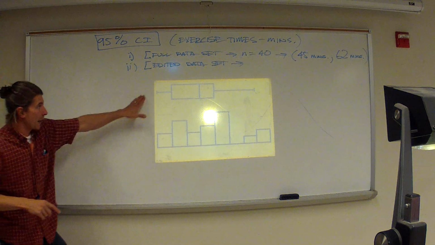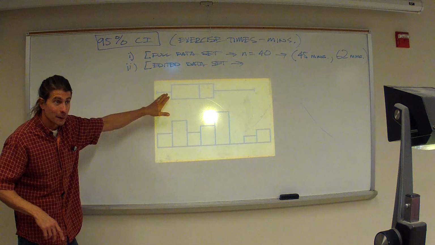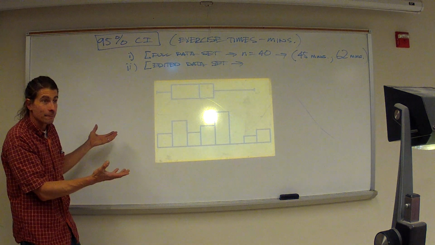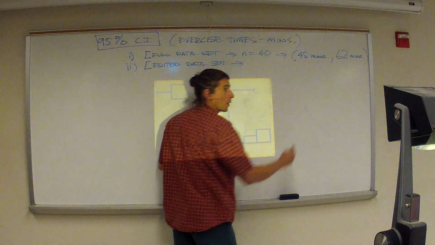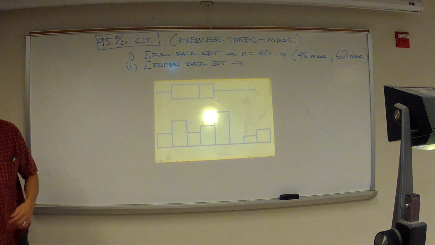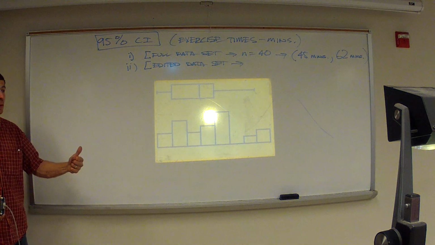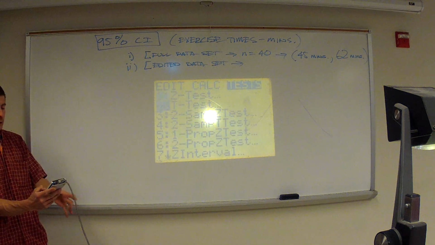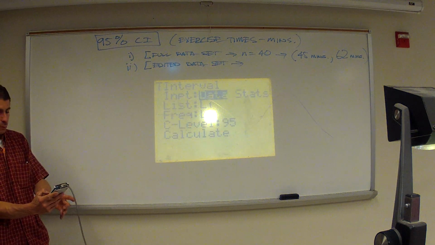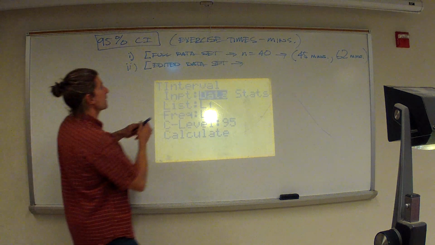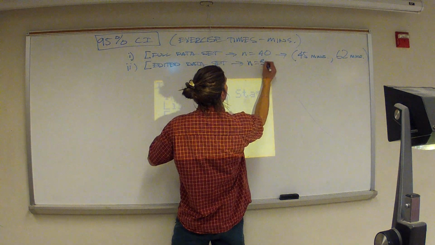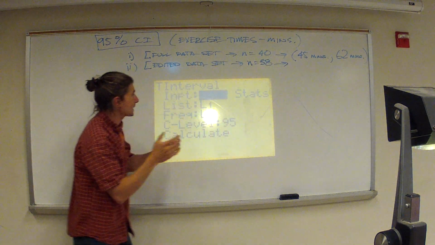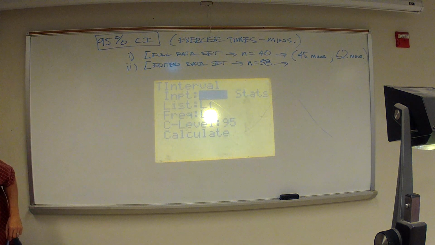Let's recalculate. I see no outliers indicated up here. Okay, it's the same box plot, except now there's not that little one dot out there. Let's recalculate our t-interval and see what it says. Go tight. All right, so we're back to t-interval. Exactly the same data set, exactly the same setup, except now we have 38 data points versus 40.